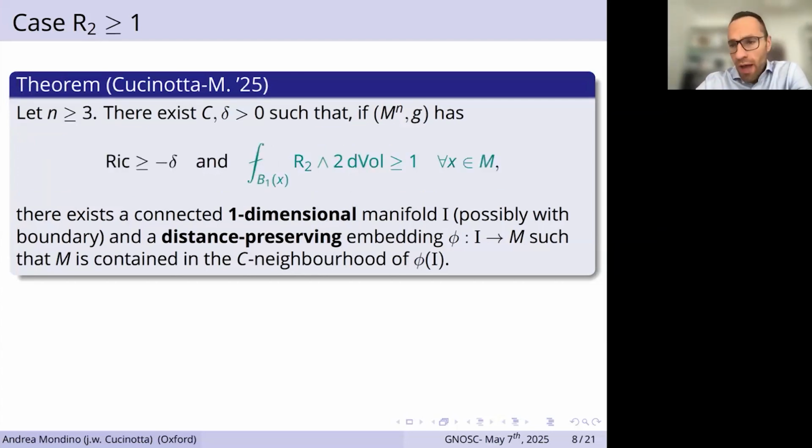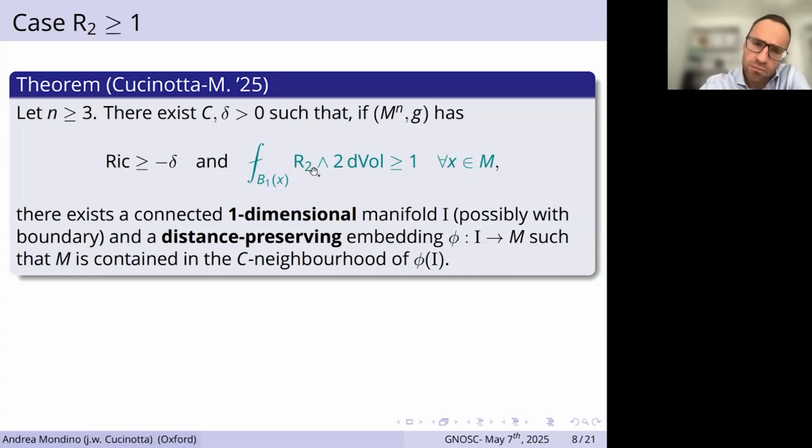Actually we prove a stronger result: instead of a uniform positivity condition on the sum of the smallest eigenvalues of the Ricci, it is enough to ask for an integral condition. So it's enough to have an almost non-negative condition pointwise on the Ricci, and an integral positivity condition on the sum of the first two eigenvalues of the Ricci.